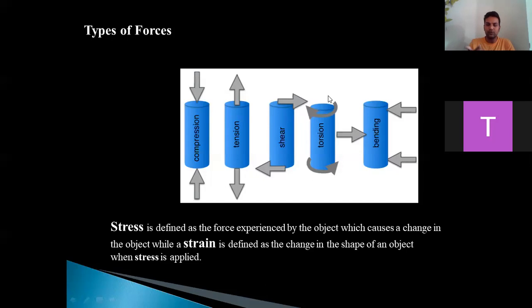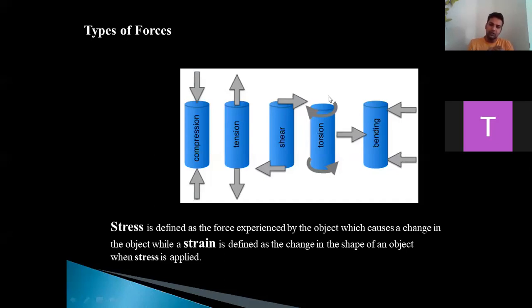In a tensional force, they are pulling apart from each other, but the force is subjected to a specific single location. But in shear force, these two forces are apart from each other and move away from each other. In that case, shearing happens. Such a force can be termed a shearing force.